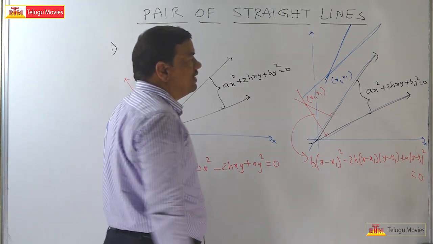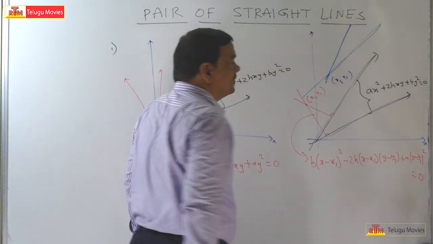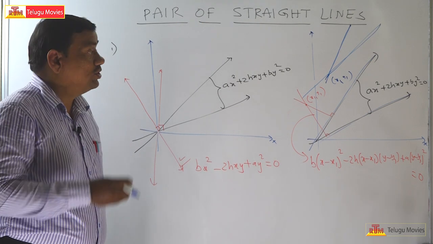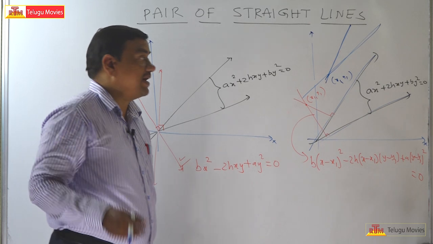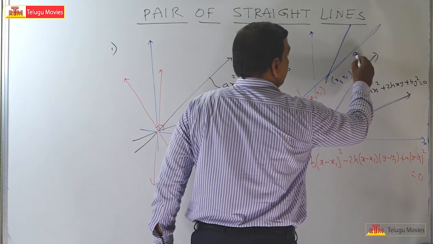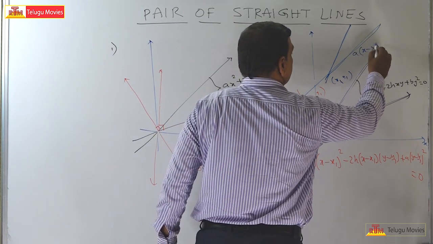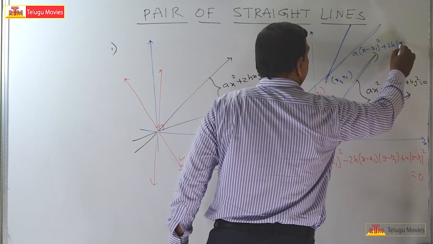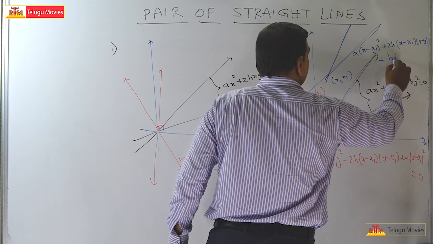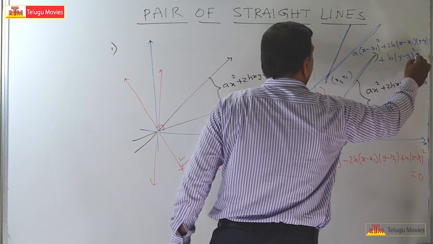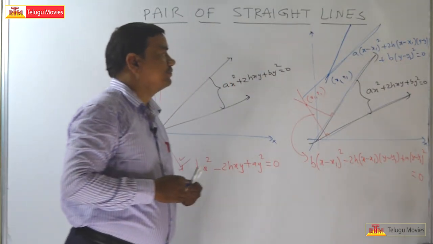The same equation will come, but in place of x, you will get x minus x1, and in place of y, you will get y minus y1. So the equation is a into x minus x1 whole square plus 2h into x minus x1 into y minus y1 plus b into y minus y1 whole square is equal to 0.